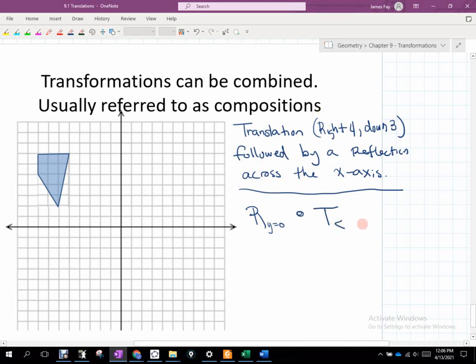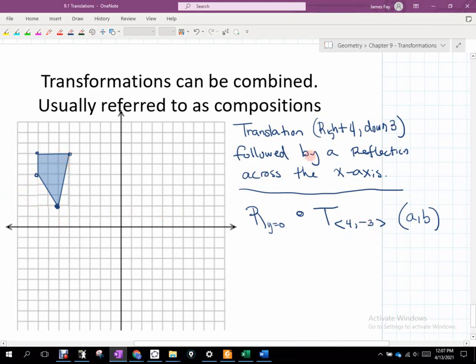And since it's going right 4, the x will be 4, and down 3, the y will be minus 3. Okay? And then they'll say of, you know, whatever this shape is. Okay, so I'll just say an A, comma B for the ordered pairs that are here.